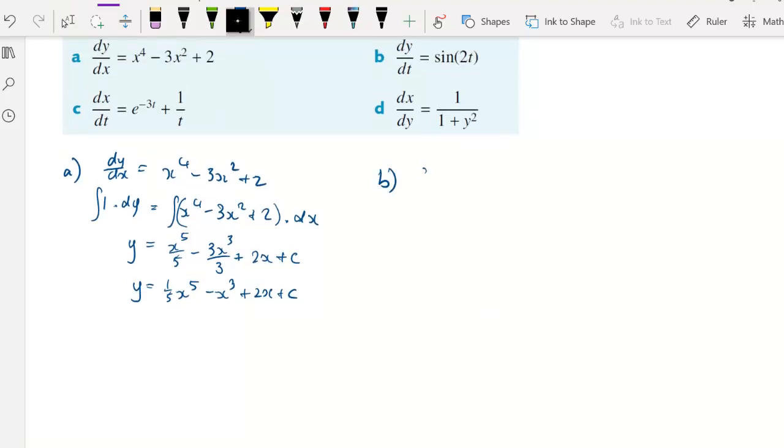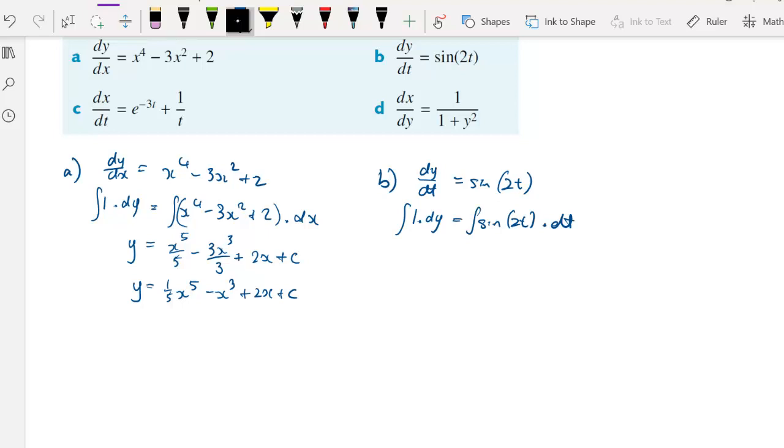With part B, we've got dy/dt is equal to sine 2t. This is the same scenario. We can see that this dt and the variable on the other side are the same. So we end up with 1 dy and sine 2t dt when we separate the differential. Therefore we've got an integral on each side.